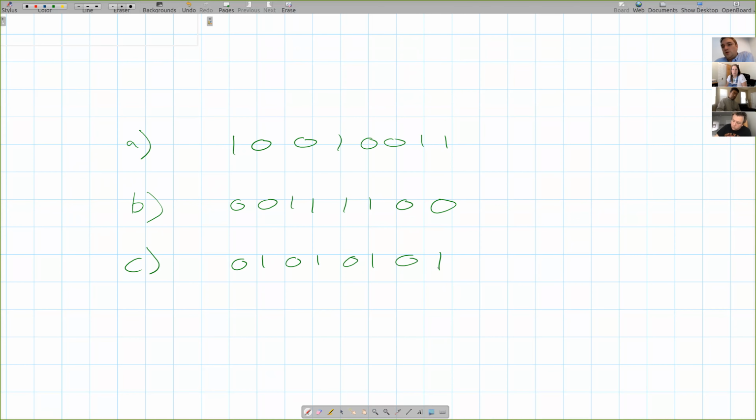I want you to come up with the decimal representation of these 3 binary numbers and slack it to me. I'll give you a couple minutes. The decimal representation of these 3 binary numbers. Go.